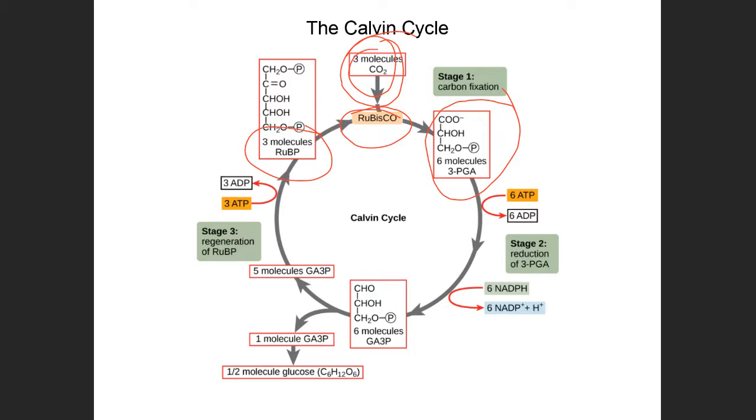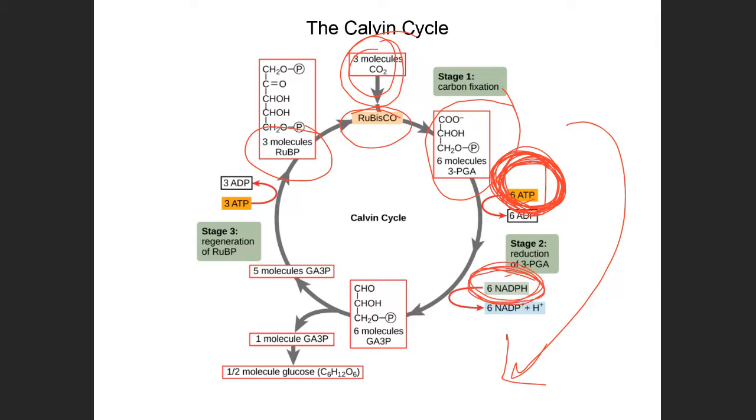And this 3-PGA goes to a stage of reduction, and here I'm going to use, you remember, the ATP that has been formed during the light reactions. I'm also going to use the electronic energy coming from NADPH to produce glyceraldehyde triphosphate, which is the simplest molecule.